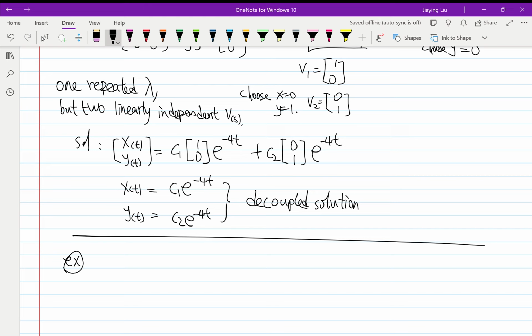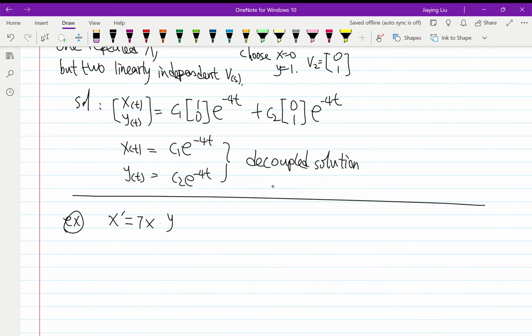So that's that example. And I have a second example, which has x prime equals 7x plus y, and y prime equals negative 4x plus 3y.